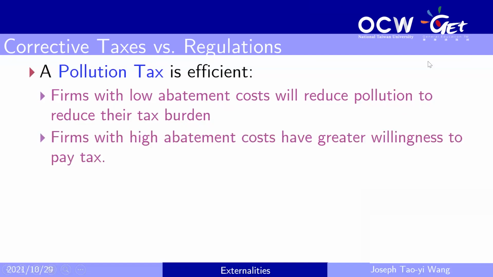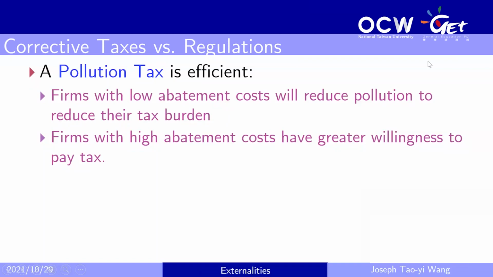But for the firms that have a high abatement cost, so their cost of preventing this pollution is above this corrective tax, what they can do is say, okay, I pay the tax and I just keep polluting. But the other firms that have lower costs will be preventing even more pollution.